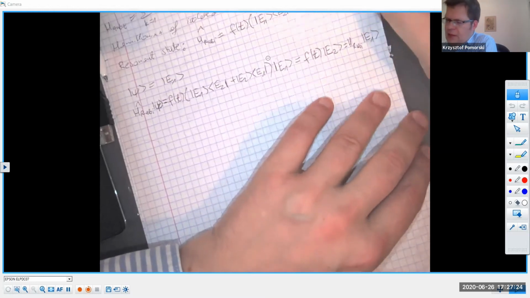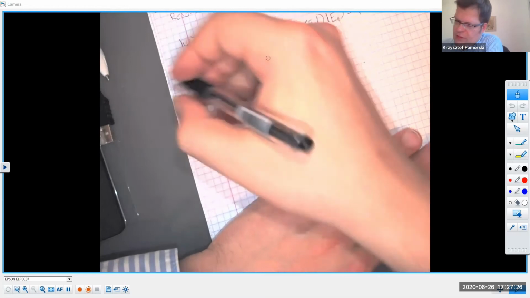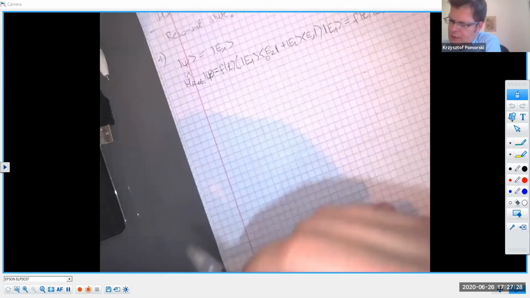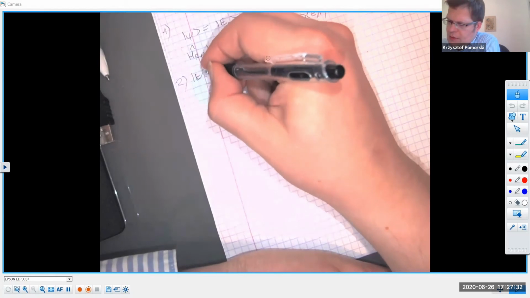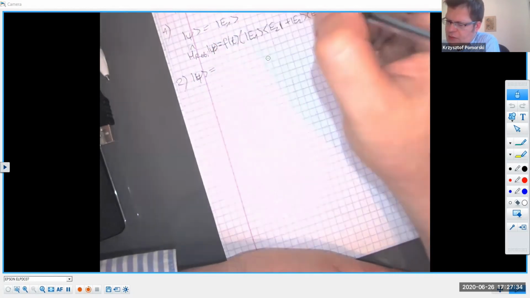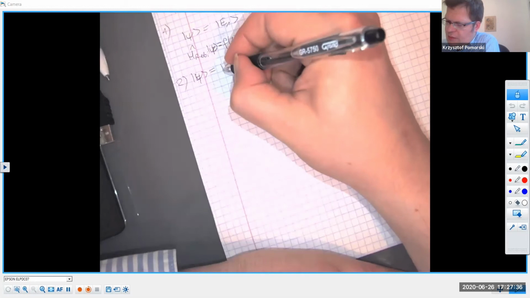Yeah, and intuitively we can also consider, so this was the first case, and the second case could be that the quantum state is the excited state.